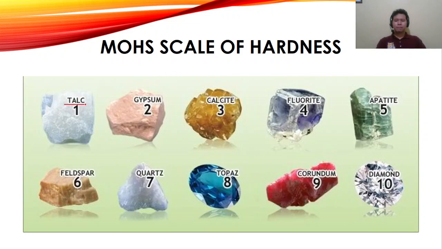Talc is the softest, followed by gypsum, followed by calcite, becoming harder and harder: fluorite, apatite, and here we have diamond being the hardest mineral in the Mohs scale of hardness, which is 10.